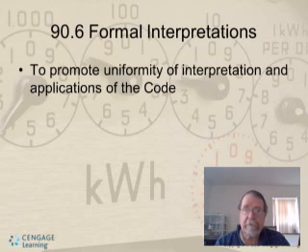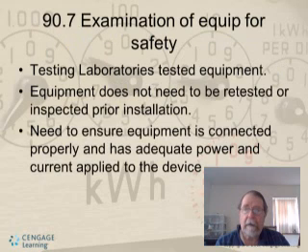90.6, we just went over that. 90.7 is testing laboratories. They tested the equipment. The equipment does not need to be retested or inspected prior to installation. You need to ensure the equipment is connected properly and has adequate power and current applied to the device.